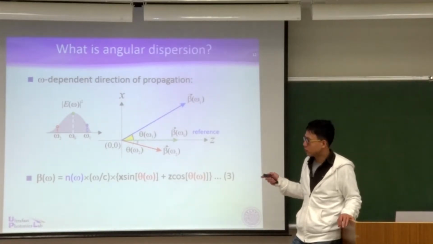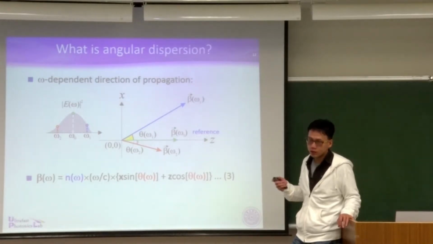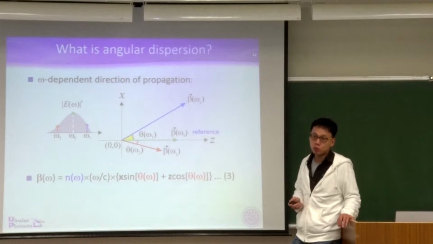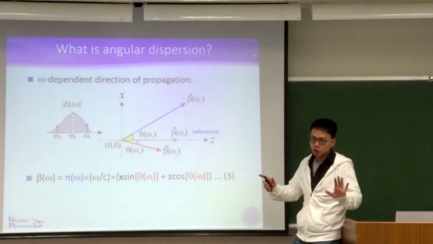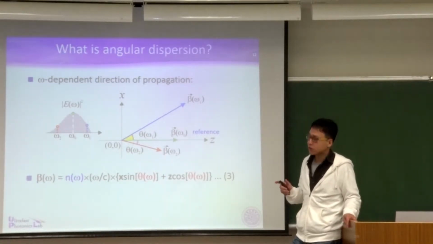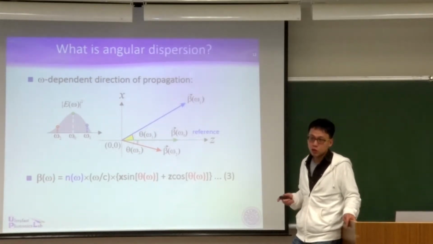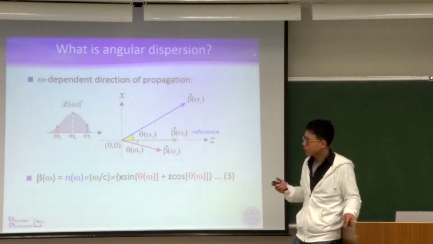As we have known, the absolute value or magnitude of propagation constant should be equal to the index of refraction, n of omega, times wave number in vacuum, omega over c. This is always true. The difference is now, in addition to magnitude, you have projections on x and z directions.